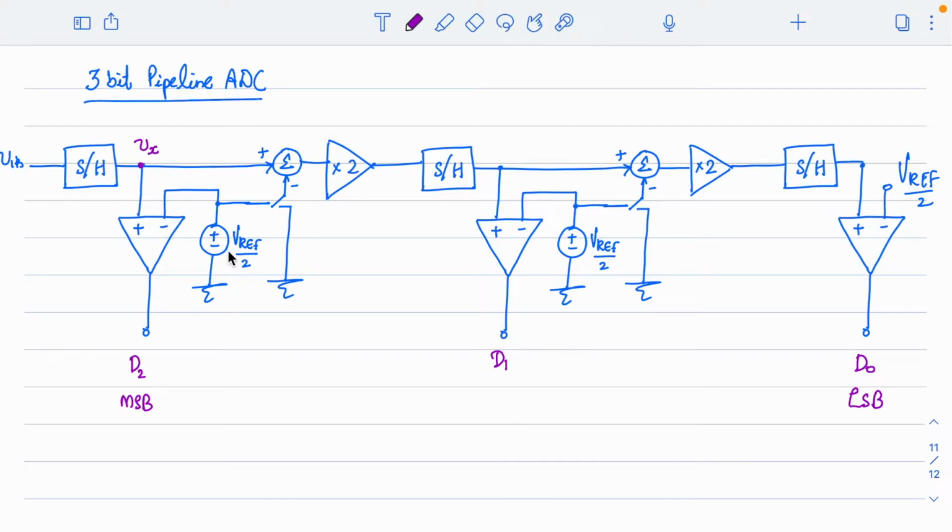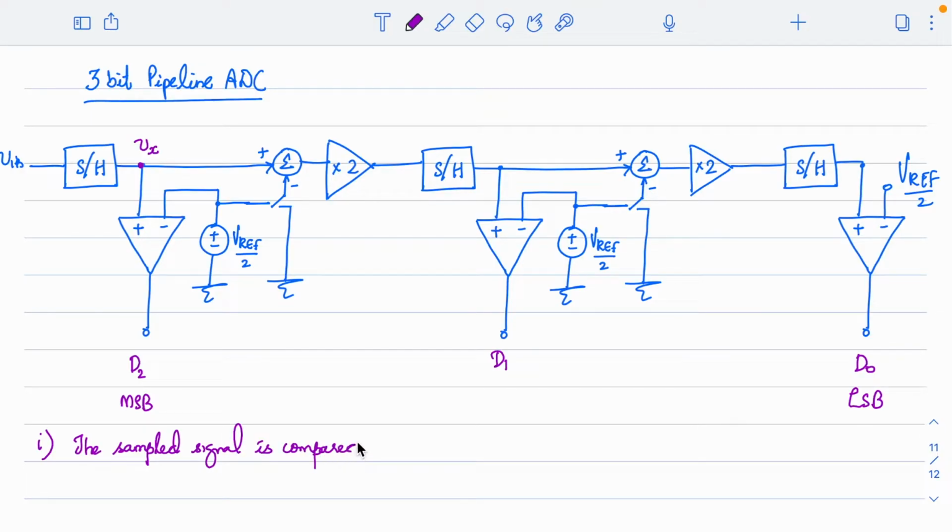Now the other input of the comparator is connected to Vref by 2. That means this comparator is going to perform a comparison between the sampled voltage Vx and Vref by 2. Right. So that is the first step: the sample signal is compared with Vref by 2.